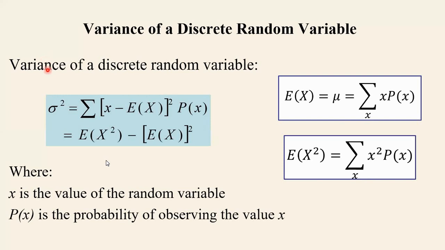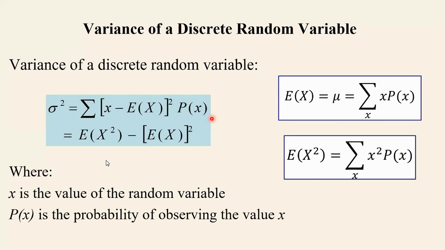For a probability distribution, variance is denoted by sigma squared, which is equal to the summation of (x minus expected value of x) squared times probability of x. In a frequency distribution, it is fi times (xi minus x bar) squared.